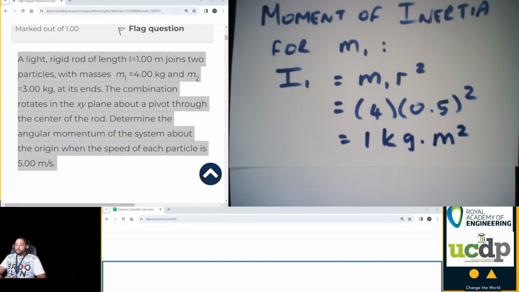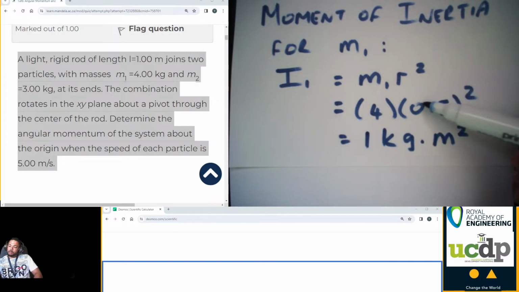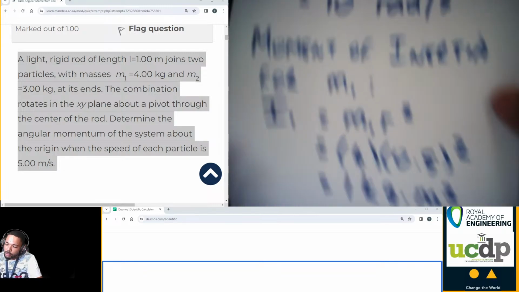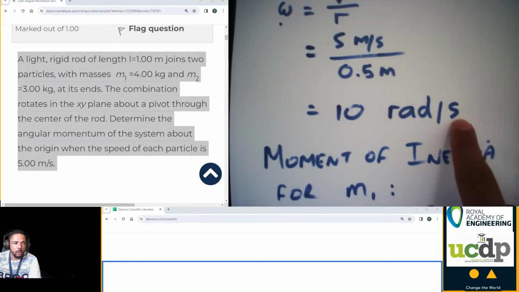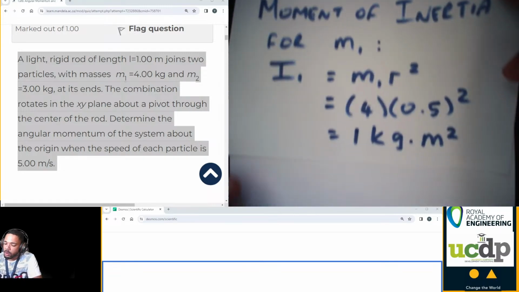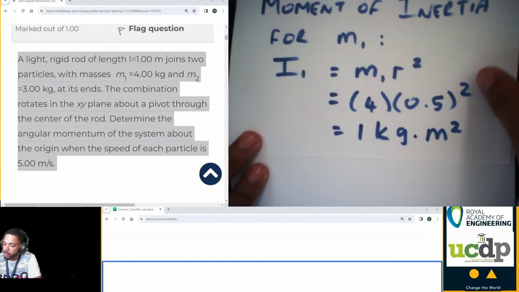The inertia multiplied by the angular velocity will give you angular momentum. Okay, so we have the angular velocity for both of these masses. We have the moment of inertia for M1.